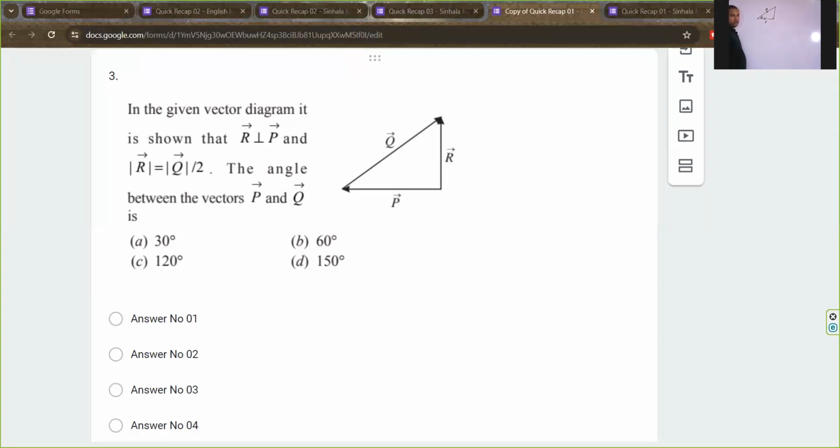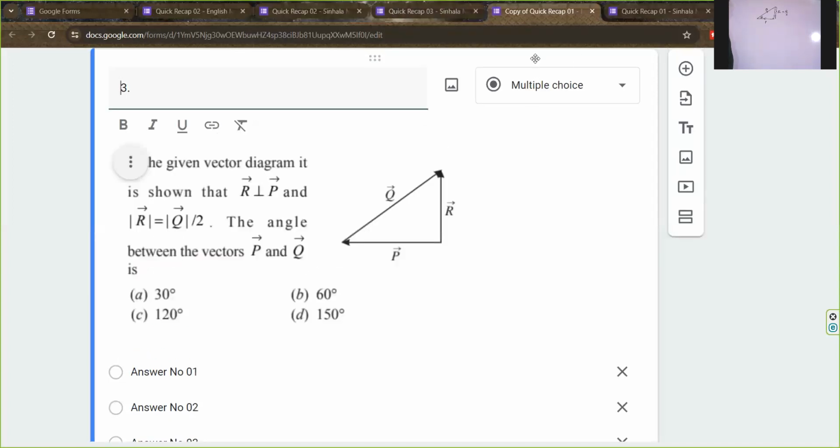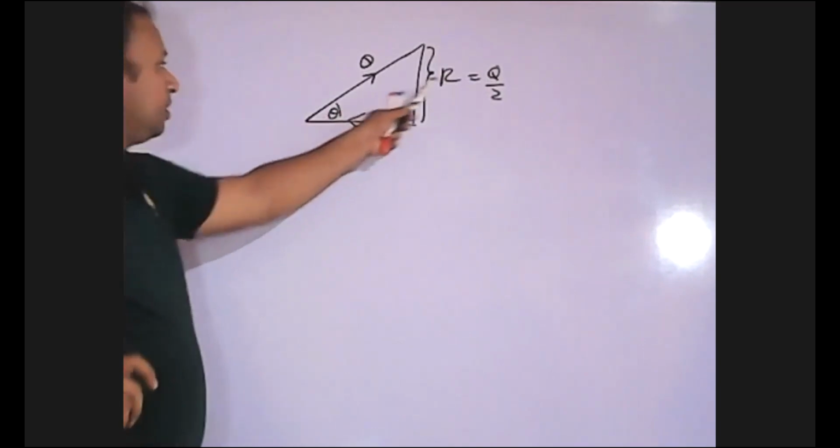According to the given equation, R is equal to Q over 2.